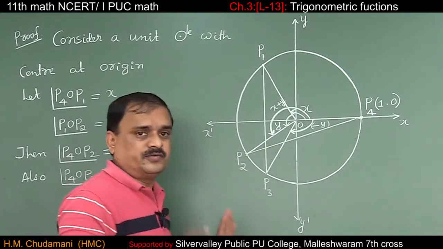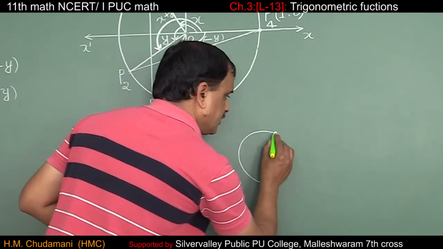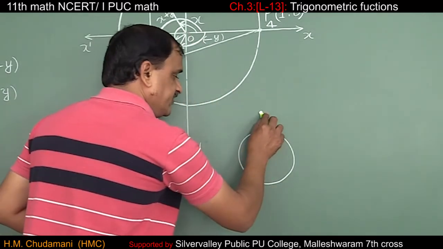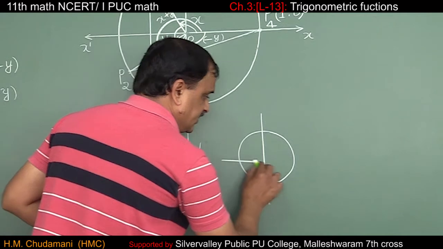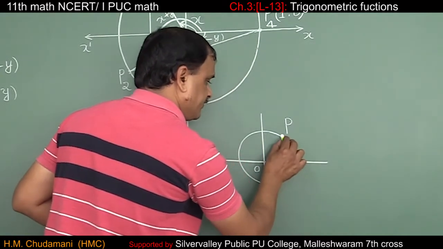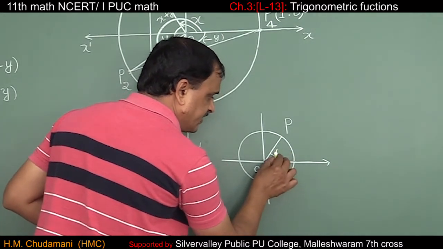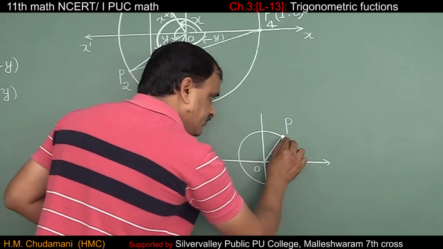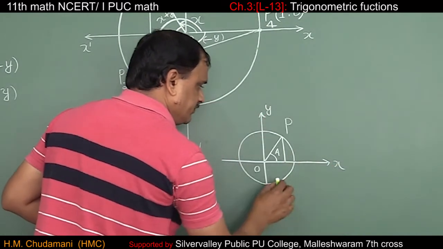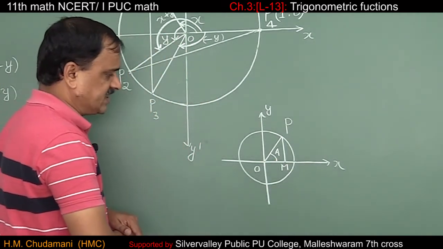Observe the coordinates of the point P. For example, this is a circle with the center at origin. Say this is the point P, let us say. I just join this. If I take this as the angle A, from the point P drop a perpendicular PM to the x-axis.